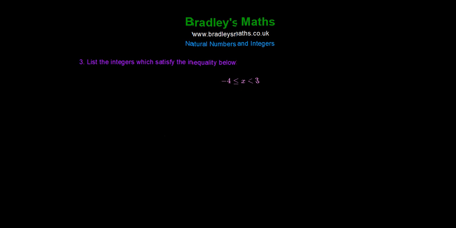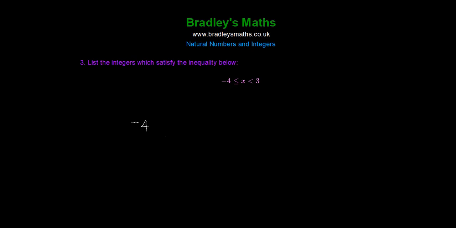Okay, less than or equal to, the equal part of this means that -4 satisfies this inequality. So we have -4. This is the first number that satisfies the inequality.